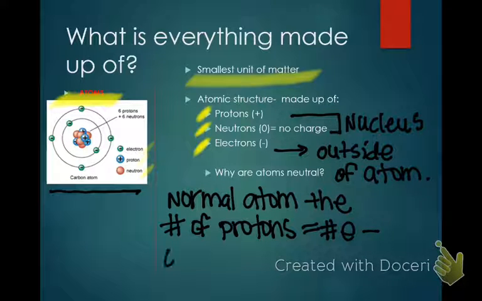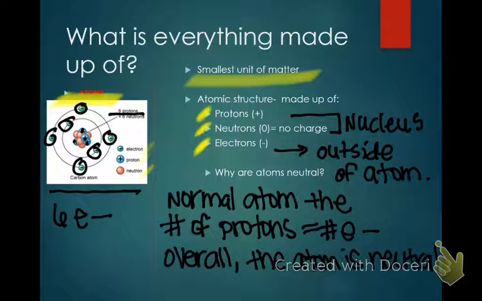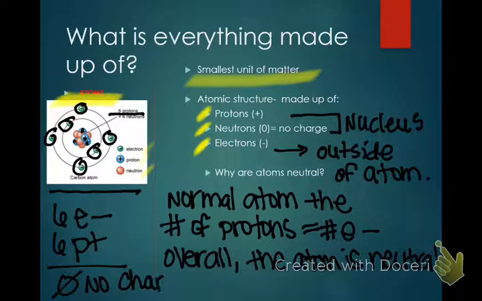So overall, the atom is neutral. And we can see that in this example right here, right? We have 1, 2, 3, 4, 5, 6 negative electrons, and we have 6 positive protons. So negatives and positives even each other out, no charge. Okay, and hopefully you remember some of this from that reading study guide paper.